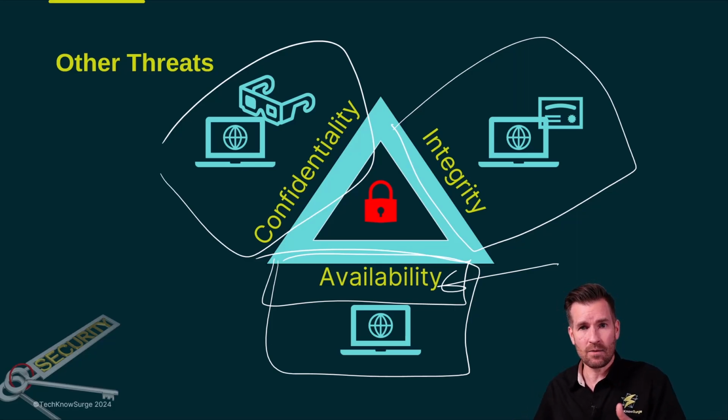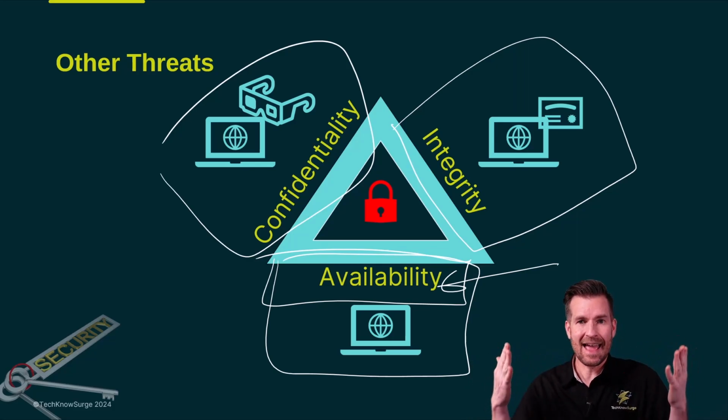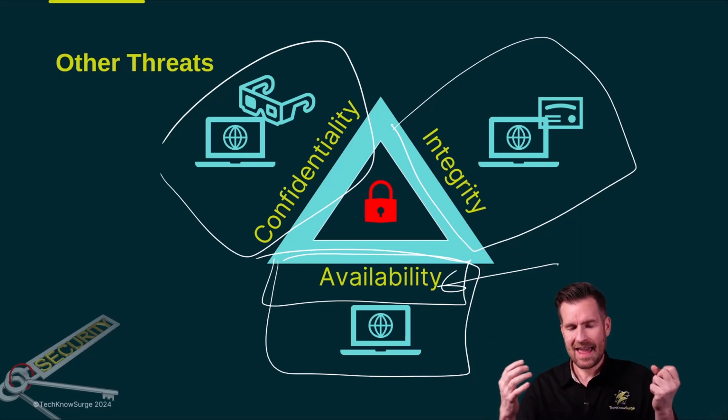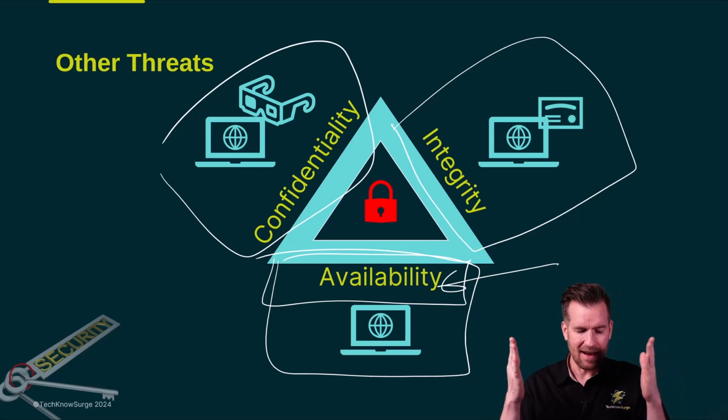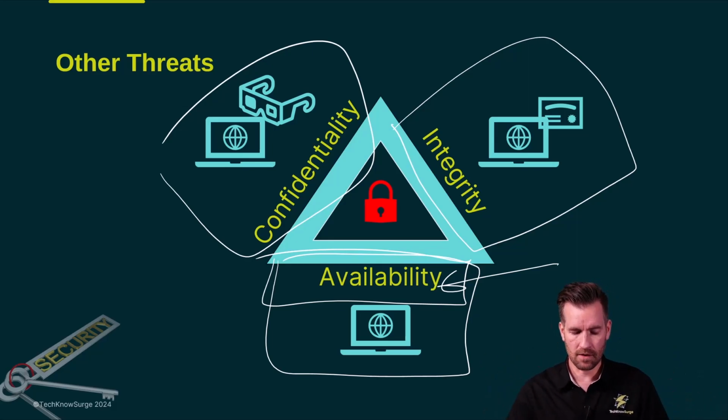So a good incident response plan will limit how long our downtime is, whereas a bad one could extend that downtime and affect our availability over the life of whatever services we're offering. So you can see even a bad incident response plan is an example of a threat to the CIA Triad.